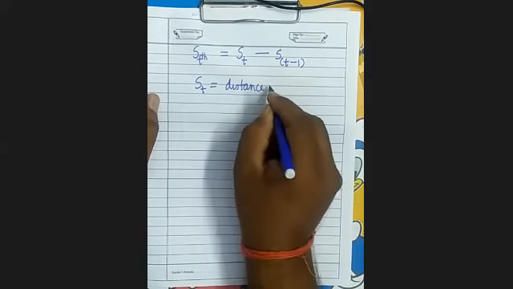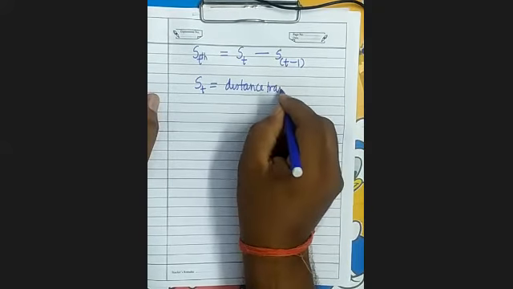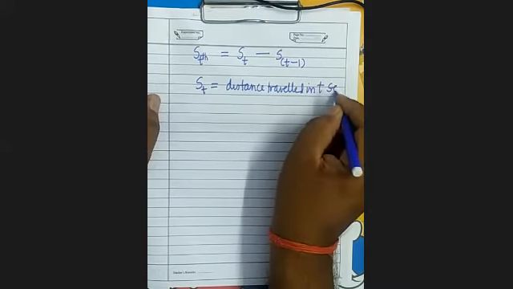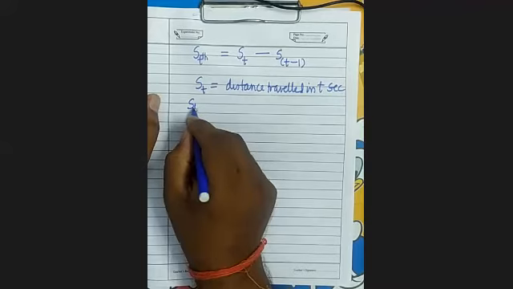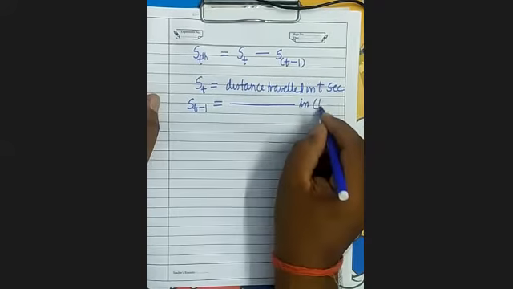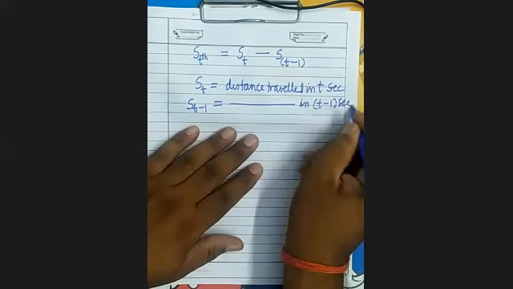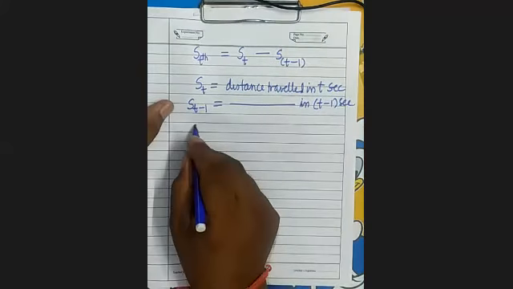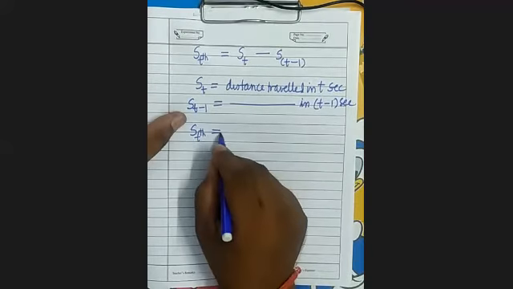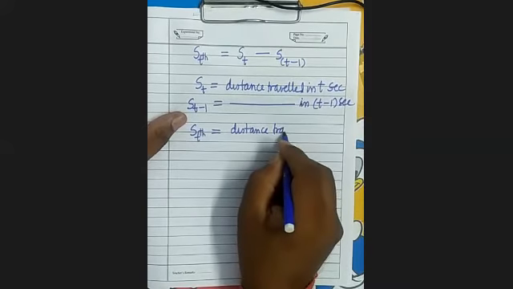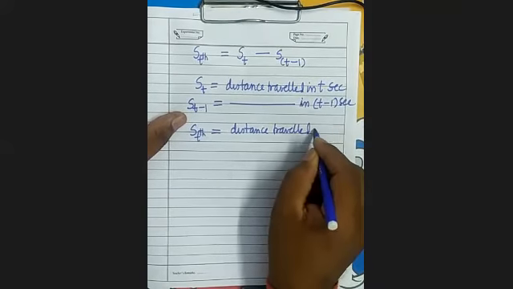Distance traveled in t seconds. What is S_(t-1)? Distance traveled in t minus 1 seconds. It is clear? What is S_tth? S_tth means distance traveled in the th second.